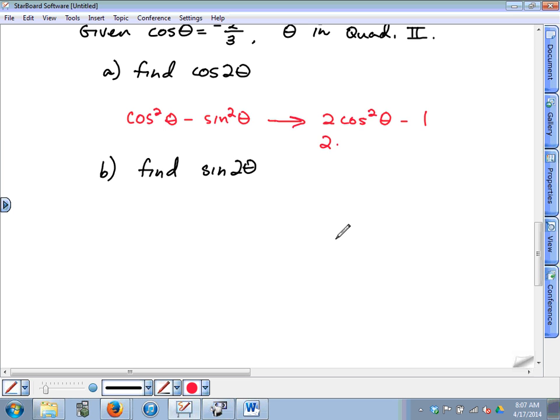2 times. Now the cosine of theta is negative 2/3, but this is cosine squared, so all we have to do is square that. I moved a little quick there. Let me backtrack. Where did this value come from, negative 2/3? That's given. We know that the cosine is negative 2/3. We're supposed to square that, so it's negative 2/3 squared, and we simply subtract 1 and simplify that.